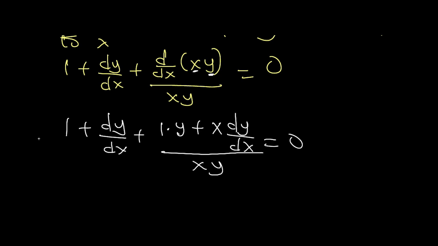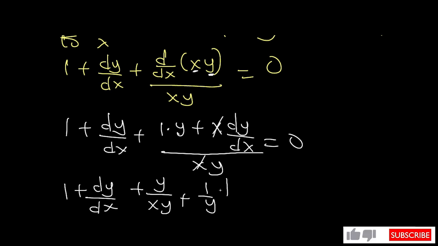So the implication of this is 1 plus dy/dx, and then we're going to divide each item by the denominator, xy. Also, this and this cancel, so we have 1 over y dy/dx. This one also cancels, so we're going to have equal to 0.